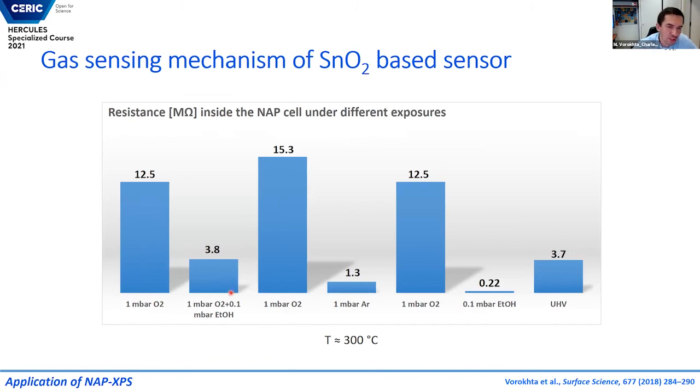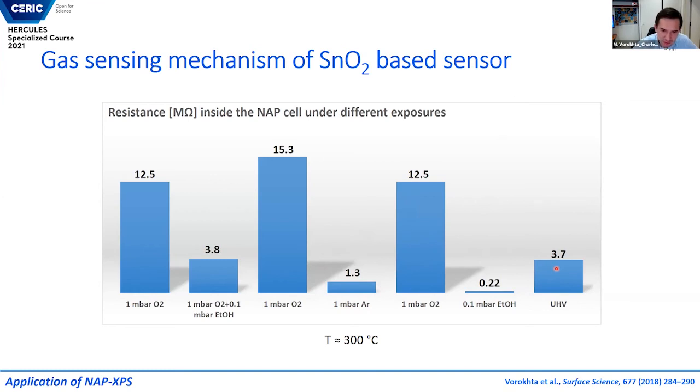Then again oxygen, and you see that it was working in a proper way, as an N-type semiconductor. Also, it was interesting that when you expose such a sensor to just argon, you also have a decrease of resistance, and with pure ethanol, of course, and even UHV was decreasing.